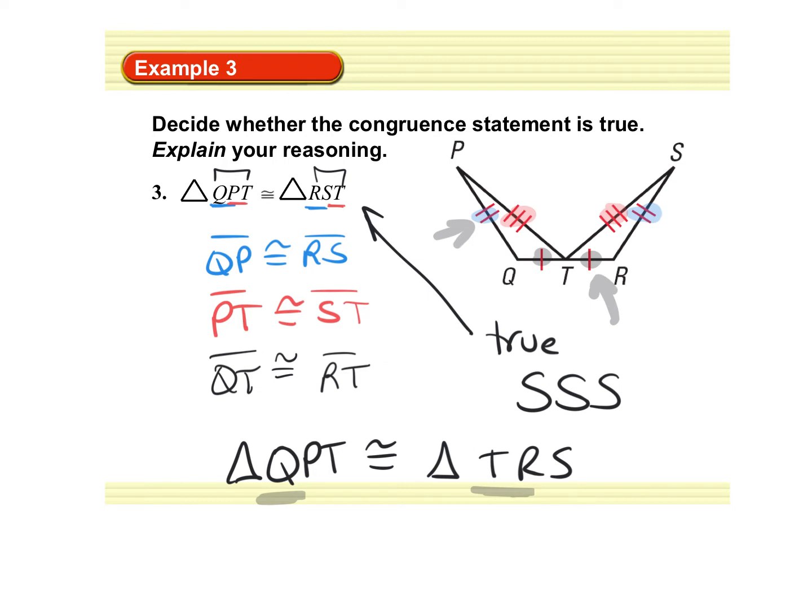So even though each triangle had the same looking markings, if they don't match in the same spot, then the statement is wrong. The triangles could be congruent, you just need to fix the statement and put it in the right order. So the order is very important on these statements. Everything has to match.